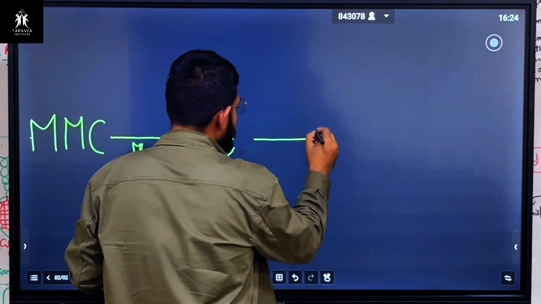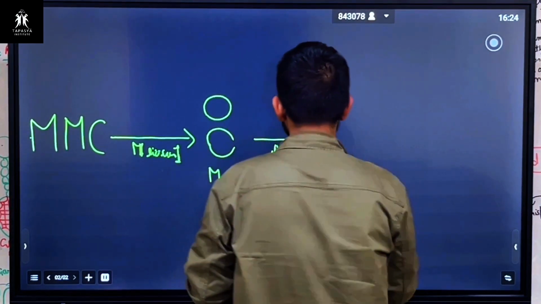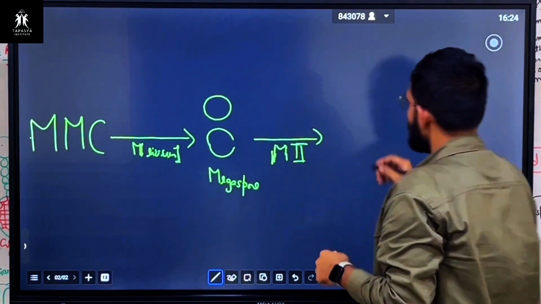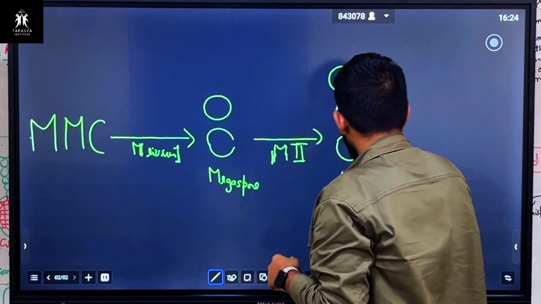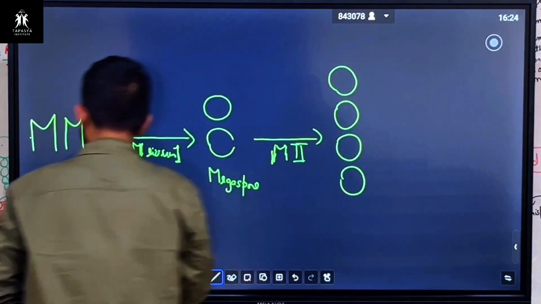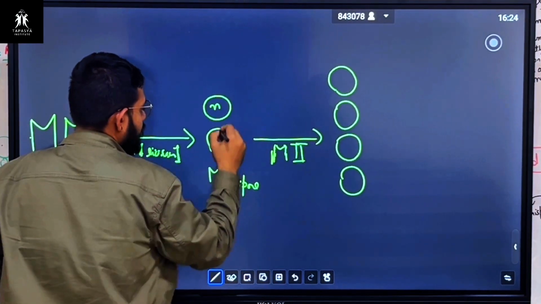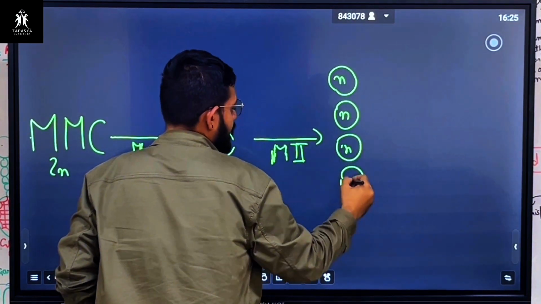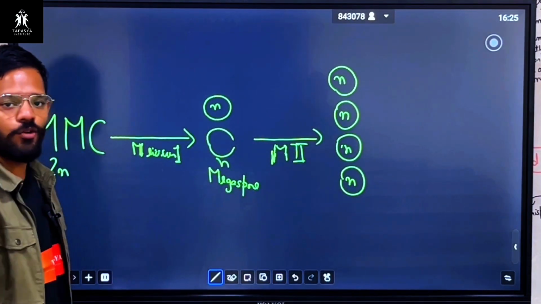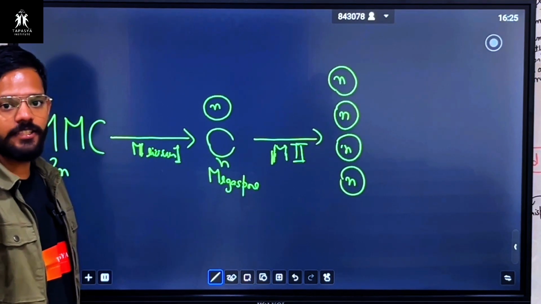Then again meiosis 2 happens, and these two cells again divide and produce 4 haploid cells. This is your 2N, and these are N, N, N, N. So 4 haploid megaspores develop after meiosis 2.